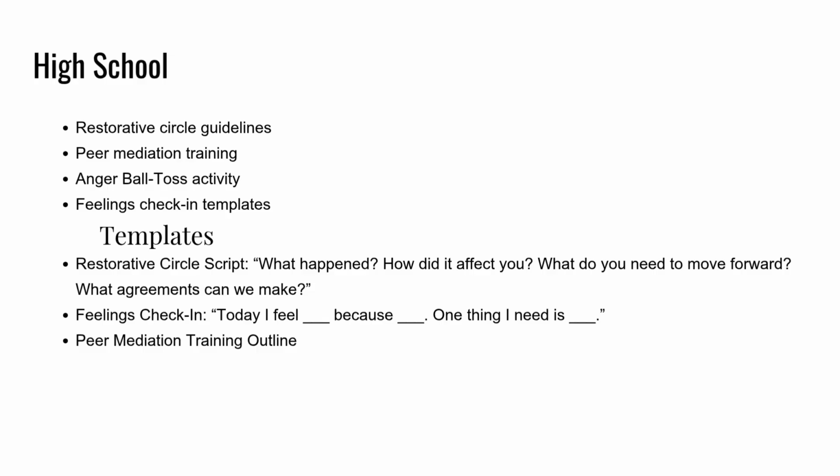Today I feel because of, one thing I need is. For peer mediation, we'll have a training outline, and this will detail the steps like introductions, sharing perspectives, identifying needs, brainstorming solutions and agreement, and then practicing with real or hypothetical situations.